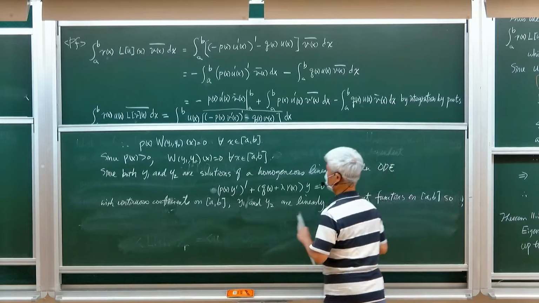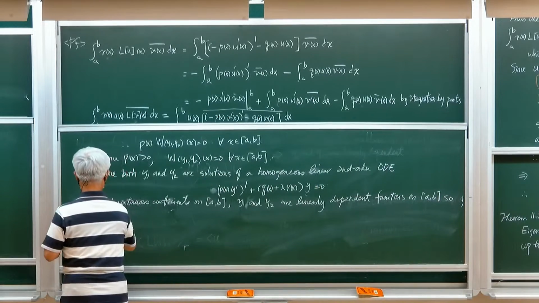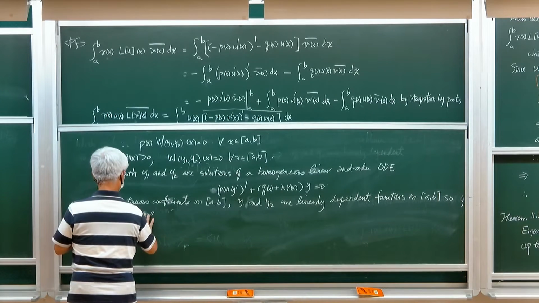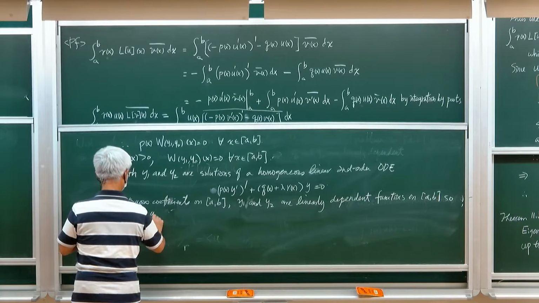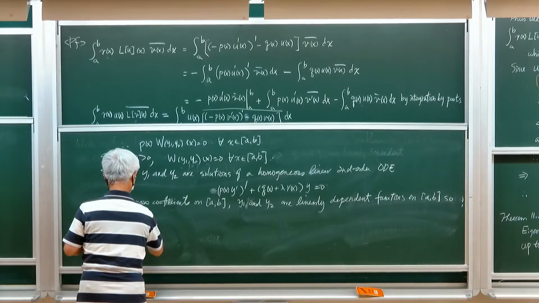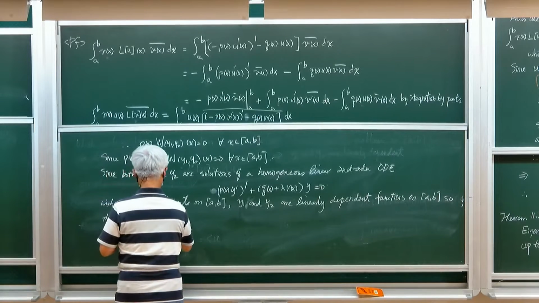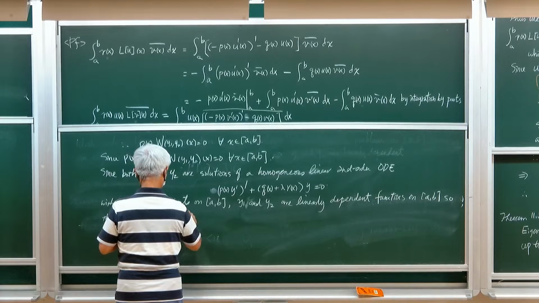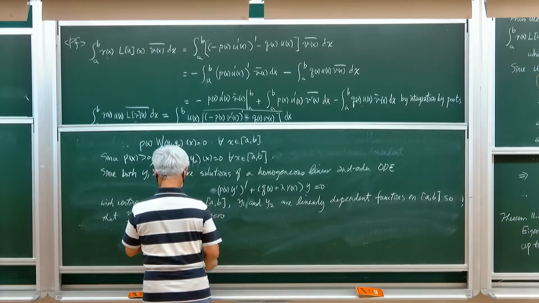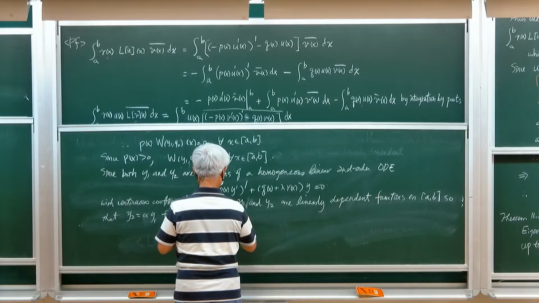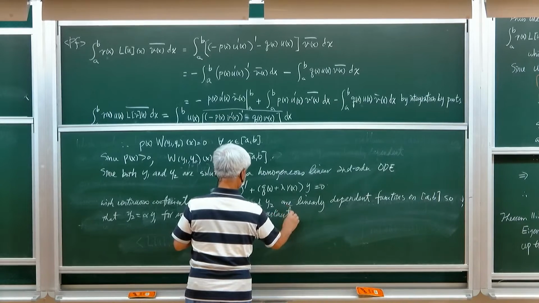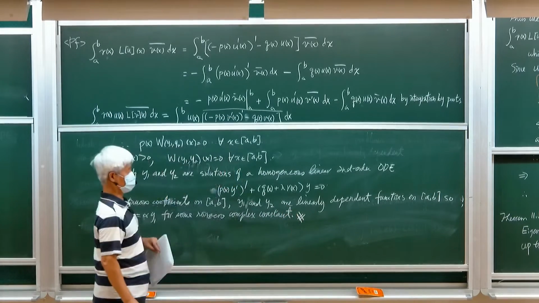So that y2 is equal to alpha y1 for some non-zero complex constant. Right, so this proves the theorem.